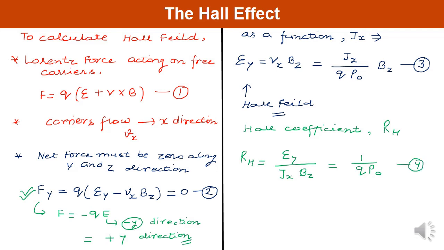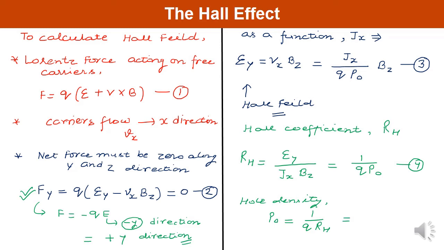Once the Hall coefficient is obtained, we can easily find the hole density. Here we are dealing in terms of holes, and P naught denotes the hole density. So it would be 1 upon Q into RH, where RH is the Hall coefficient.